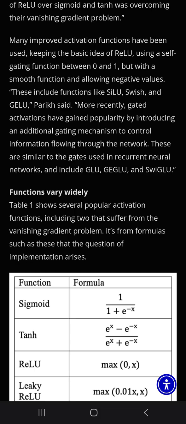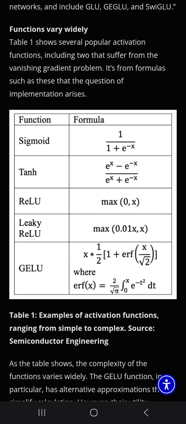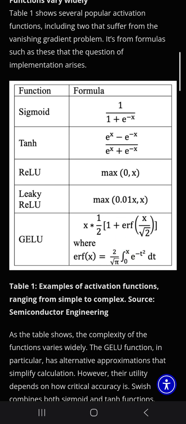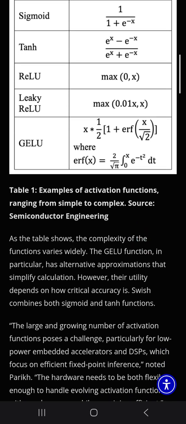Functions vary widely. Table 1 shows several popular activation functions, including two that suffer from the vanishing gradient problem. It's from formulas such as these that questions of implementation arise. Sigmoid, tanh, ReLU, leaky ReLU, GELU. Table 1.